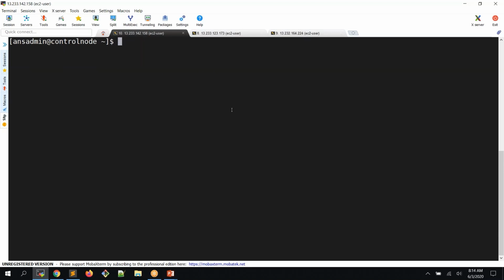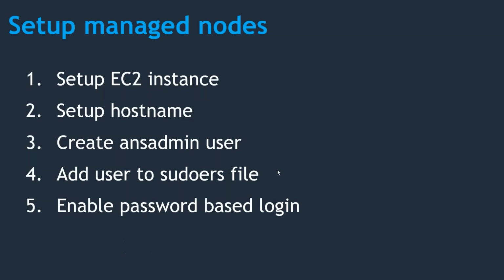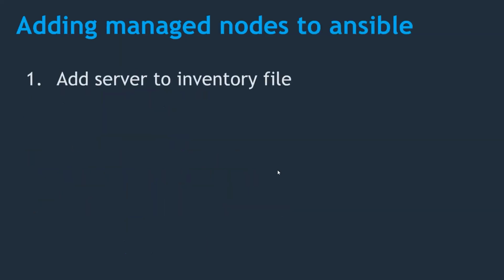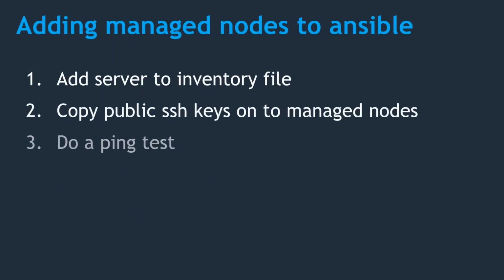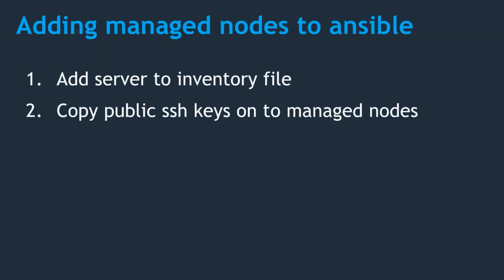Okay, so this is how we can add the manager nodes with the control node. So what we have done, this is yet to do. First, what we have done is the second step, that is, copy public SSH keys onto the manager nodes.